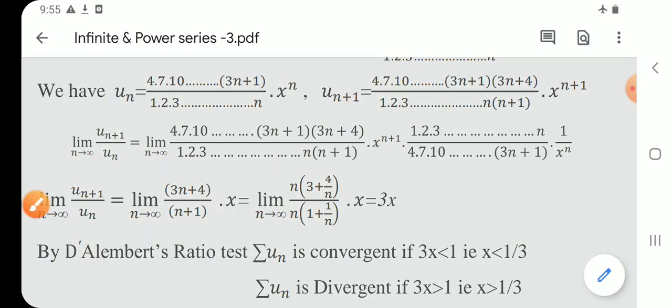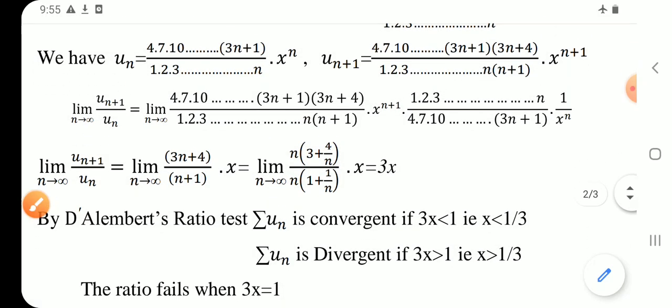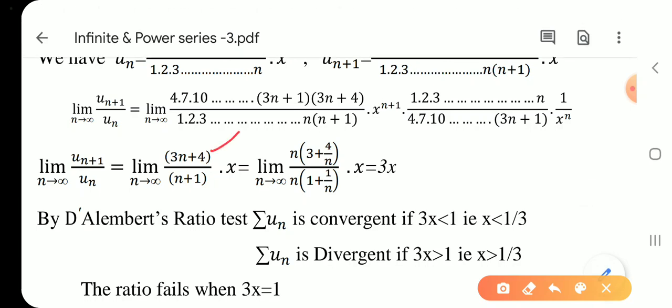So what remains here? 3n plus 4 by n plus 1 into x remains. So n take common, so you get 3 plus 4 by n divided by, if you take n common, you get 1 plus 1 by n into x. So if you apply the limit n tends to infinity, you get 3x.